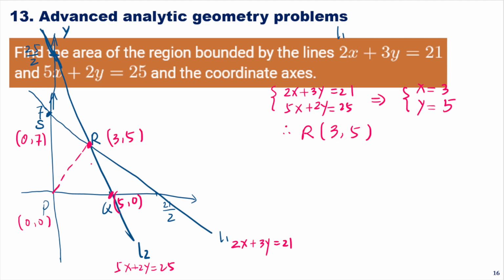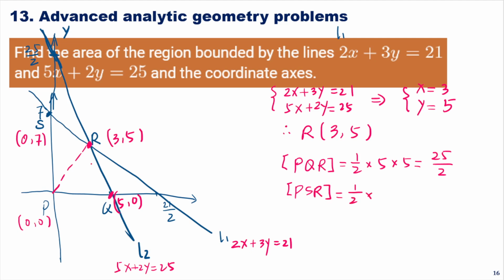Okay, so this gives us the area of triangle PQR equals 1/2 times 5 times 5, which is 25 over 2. And triangle PSR equals 1/2 times base 7 times height 3, which is 21 over 2, right?